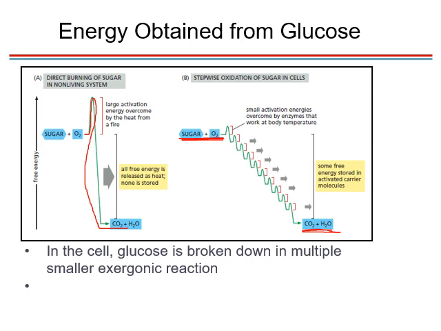We're going to be taking little steps, releasing a little bit of energy, a little bit of energy, a little bit of energy, and a little bit of energy. And we're going to store this energy so we can use it to fuel that endergonic reaction required to make ATP.